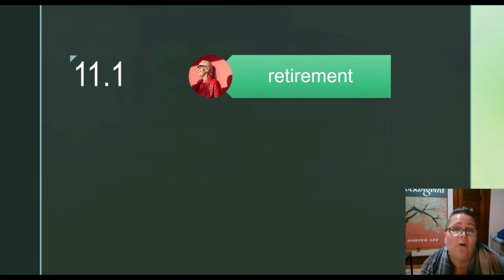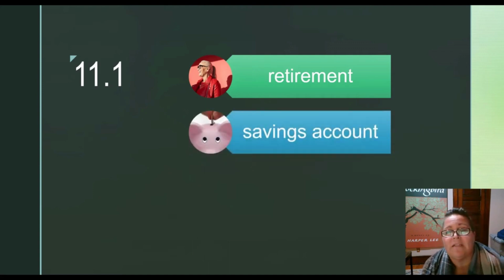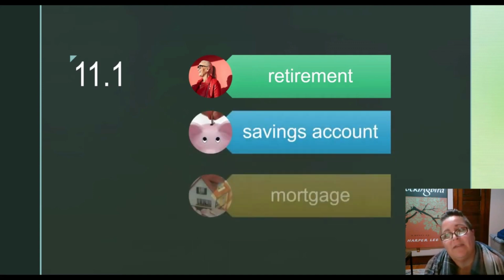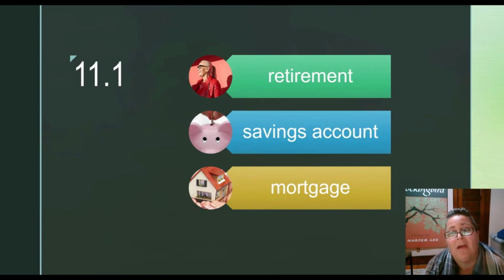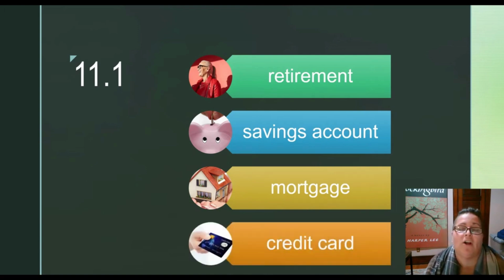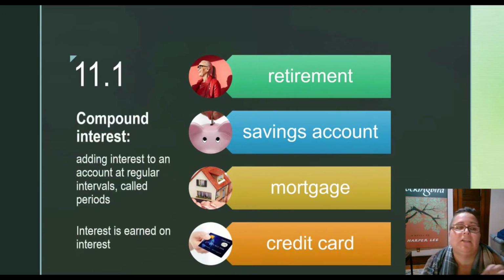We have 4 ideas here. If you look at somebody who's in retirement or a simple savings account, perhaps they're paying off a mortgage or a credit card, all of these things have in common that they are calculated using compounded interest.